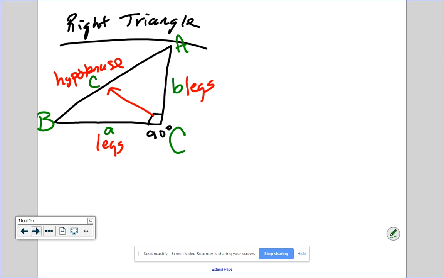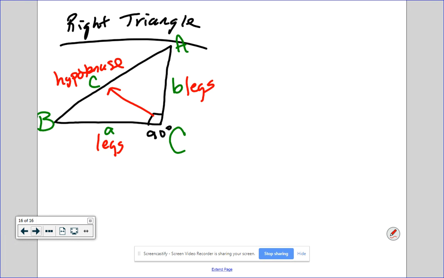Now, when you're working with these, you are usually going to be deciding an angle that you're going to work with. You're either going to be working with angle A or angle B to help find your trig ratios, and it does matter which angle you choose.